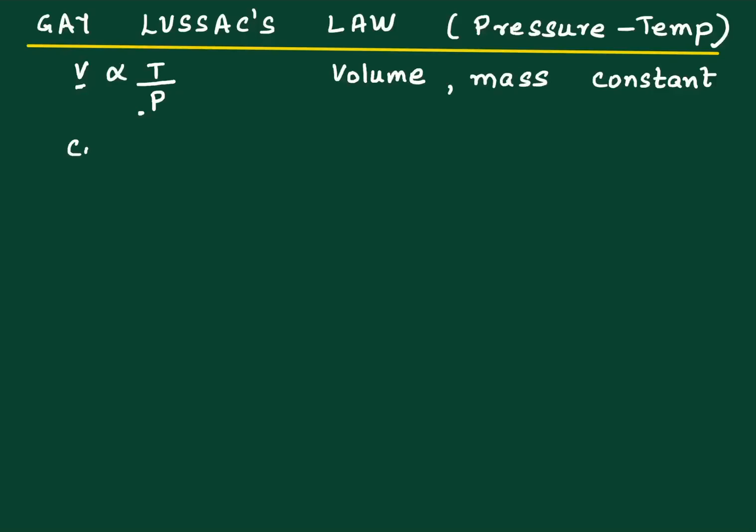So if this is constant, then we have constant into pressure is directly proportional to temperature. Or we can say the pressure of a fixed volume and fixed mass of gas is directly proportional to its temperature in the absolute scale. Please do not forget the temperature here being in Kelvin.